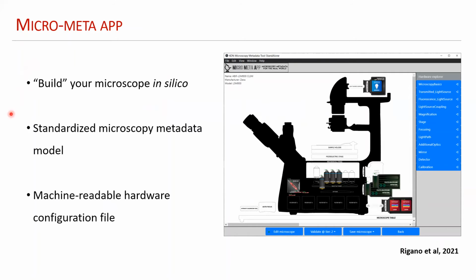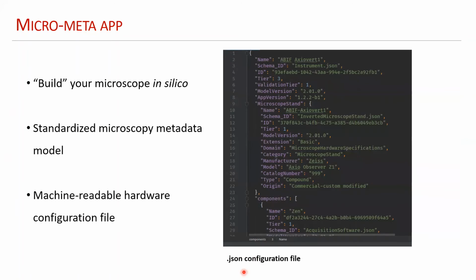And the output of this is a machine-readable microscope configuration file, and more specifically a JSON file, a .json file, which is then used to essentially store all the information that's put in. This JSON file therefore contains all the information about the components and specs of the microscope itself.